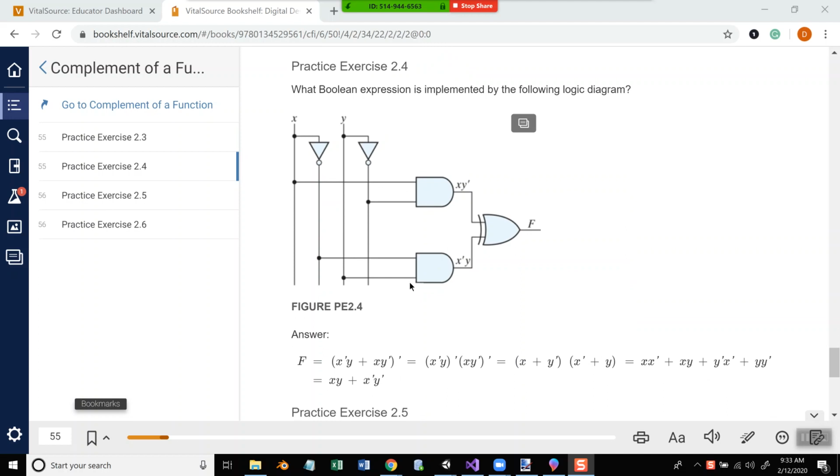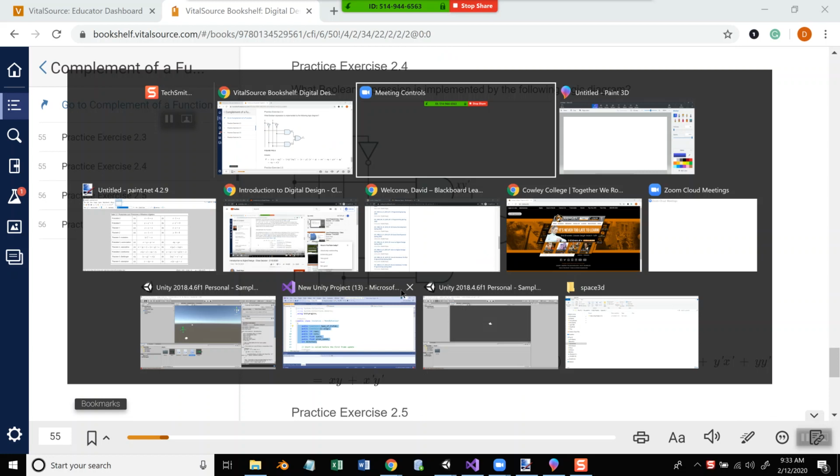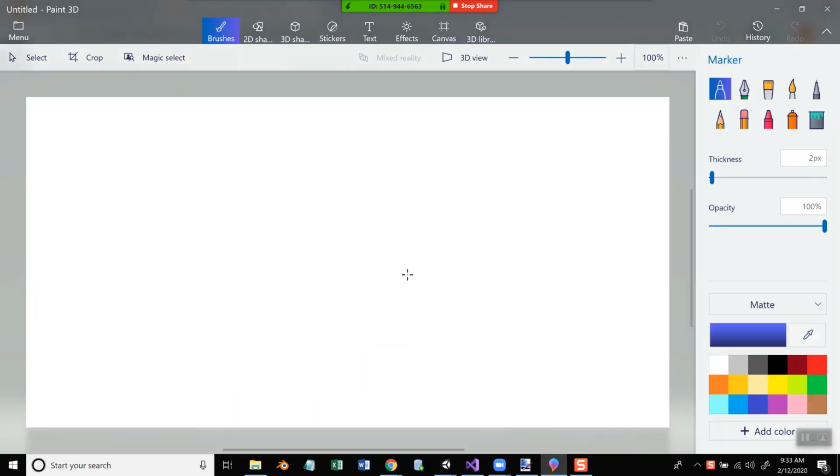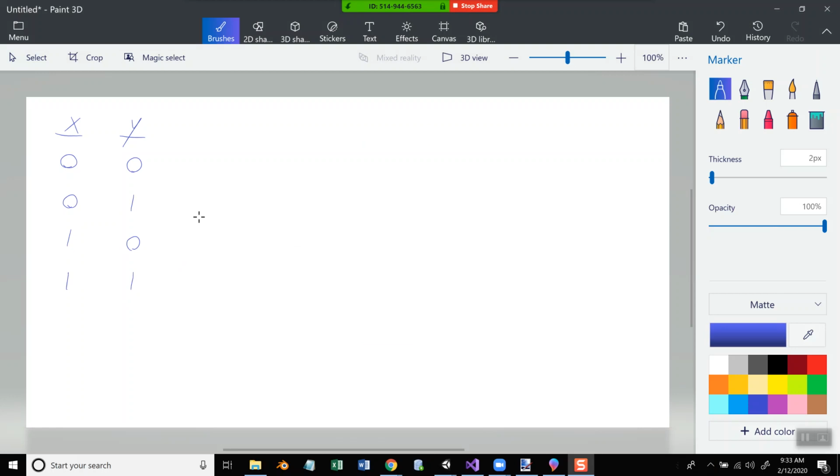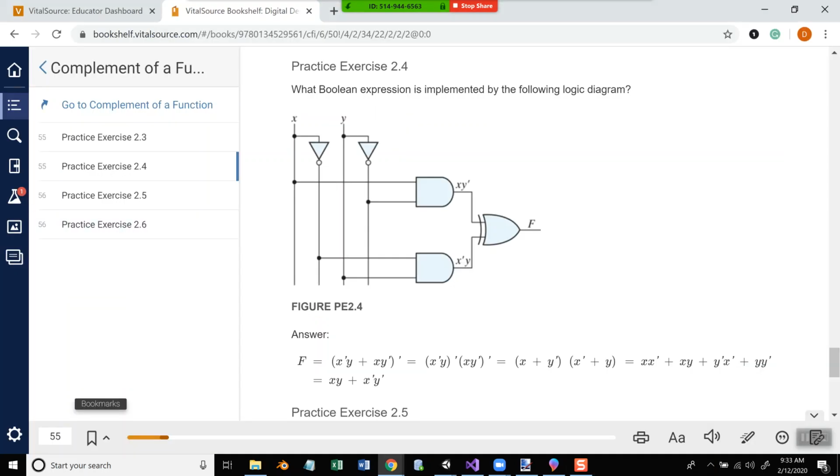So this one right here, and here, x and y, 0, 0, 0, 1, 1, 0, and 1, 1. Now, looks like we'll need some inverts, so not x, not y.